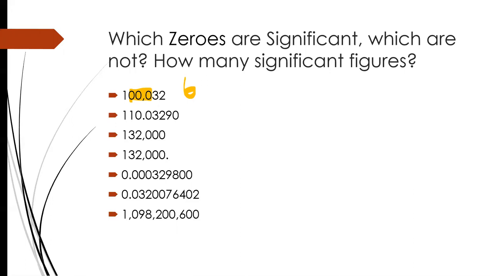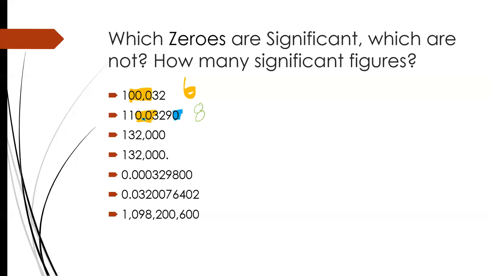We have the 2 trapped ones here, but we also have one more at the end, a trailing zero. So we know the trapped ones are going to be significant. And in this case, we know our trailing zero is also significant because there is a decimal point inside this number. So we can count all of those, 1, 2, 3, 4, 5, 6, 7, 8, and we have 8 significant figures.